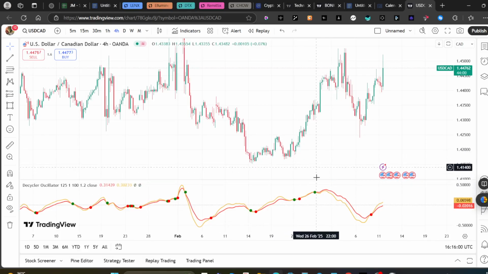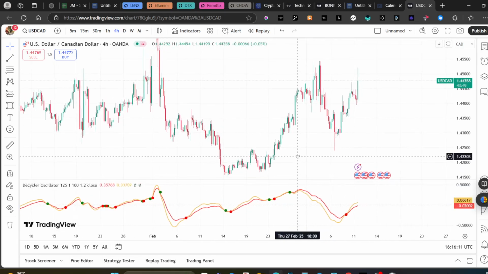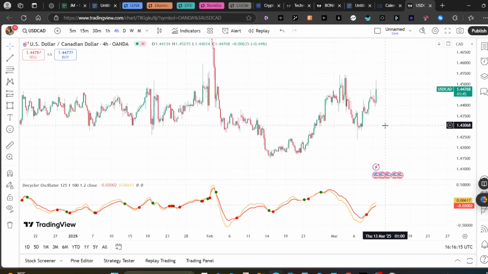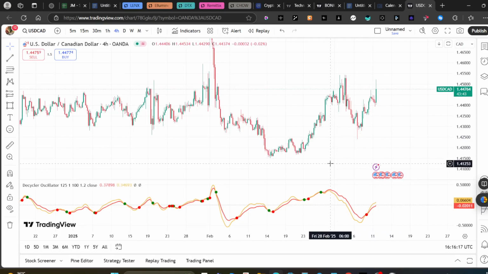In simple terms, the Decycler Oscillator makes it easier to see the forest through the trees. It essentially gives you a clearer picture of the long-term trend while filtering out the short-term market noise. This makes it an incredibly valuable tool, especially in volatile markets, where other oscillators may struggle to keep up.